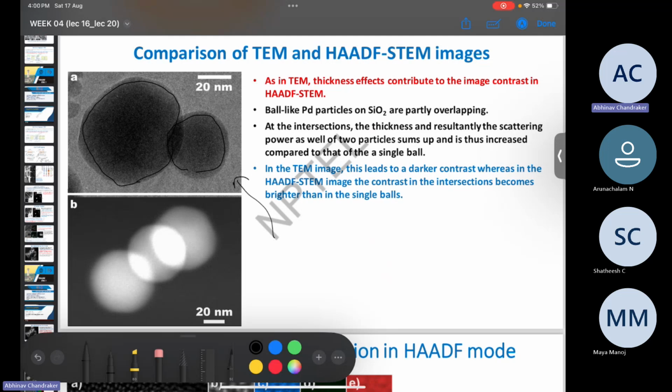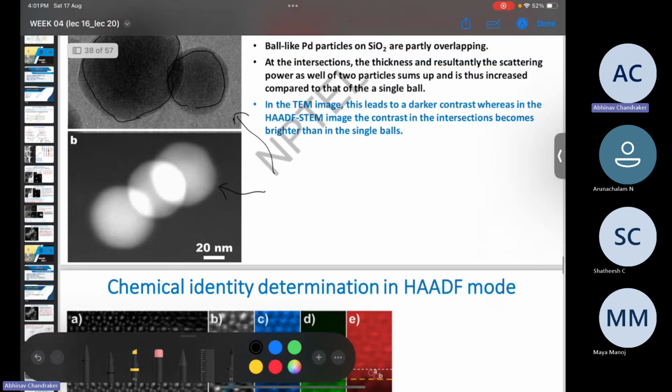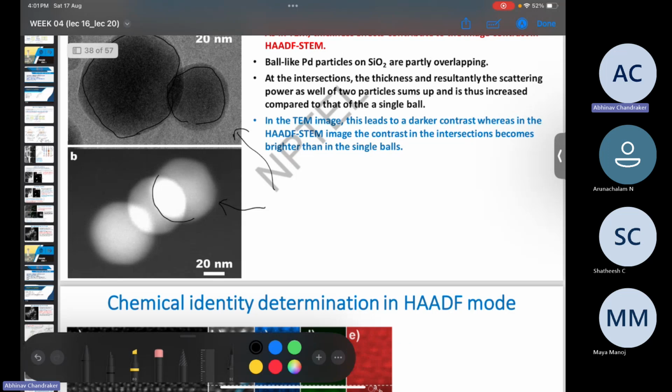But if we do HAADF imaging of such phases, what we'll see is that these particles will scatter more electrons, and because the detector of this annulus geometry is collecting those electrons, these particles will have a lighter contrast compared to the background.